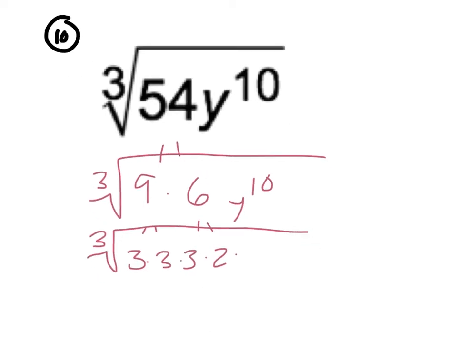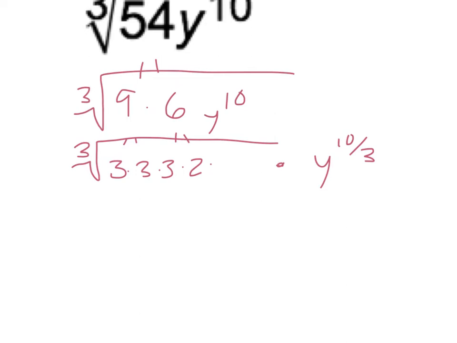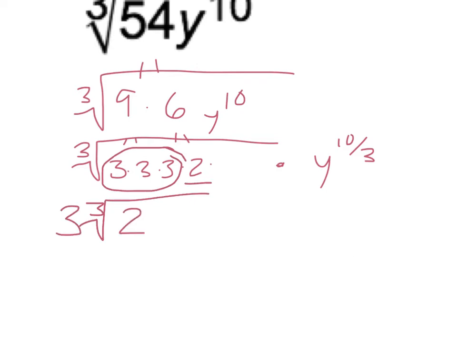And then we have 10 y's, which we can write all 10 y's now, or we know this is going to be y to the 10 over 3, which we'll get to after we simplify the first part. So we have the cubed root. We're going to circle all of our groups of 3, so we circle all 3 of these 3's. So the 3 is going to come on the outside, and whatever's left is going to stay on the inside. So we have the 2.